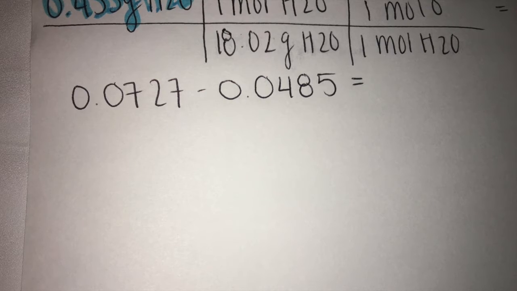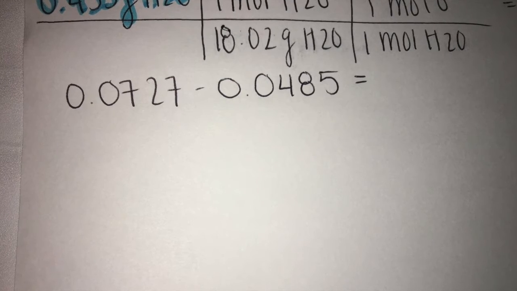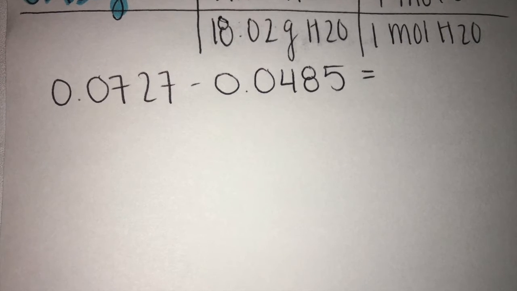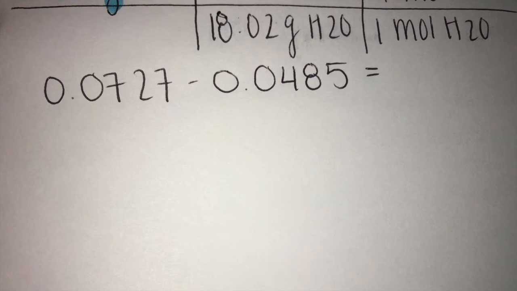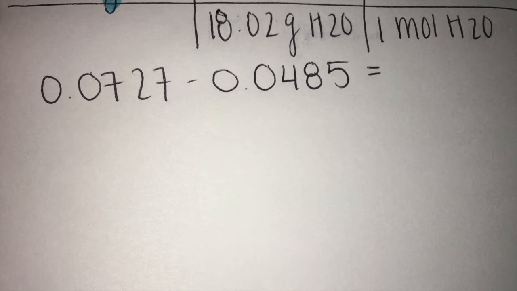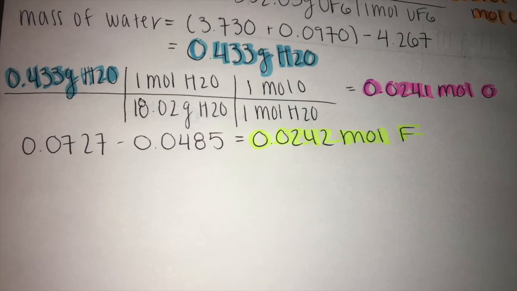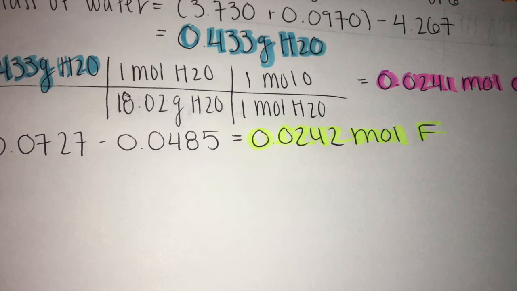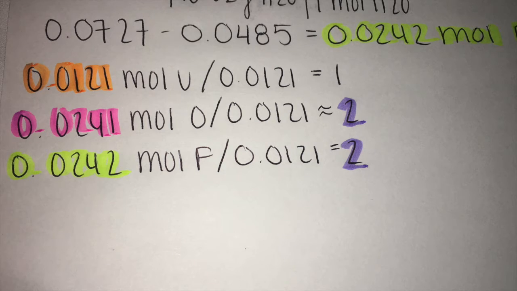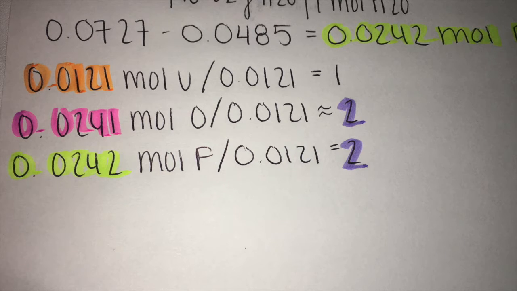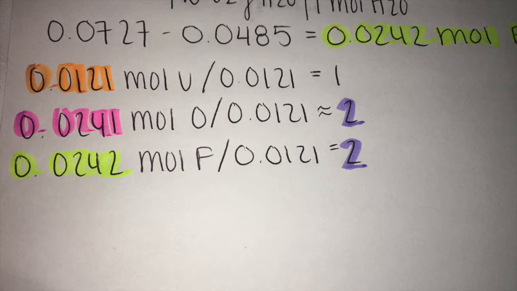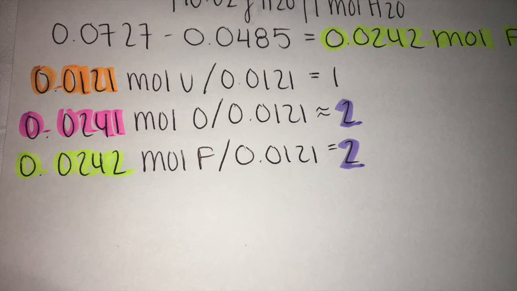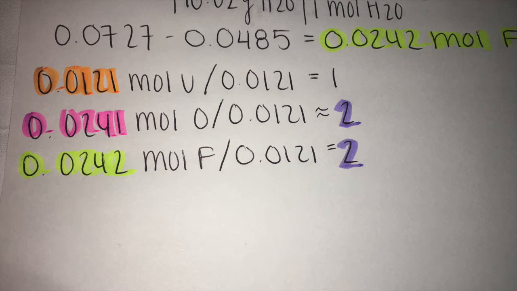Next, we find the moles of fluorine. To find this, we subtract the moles of fluorine in hydrogen fluoride from the moles of fluorine in uranium fluoride. So there are 0.0242 moles of fluorine in the unknown solid product. Now that we know how many moles of each element are present in the compound, we can calculate the formula. To do this, we follow the same steps that we followed to find the empirical formula of hydrogen fluoride.